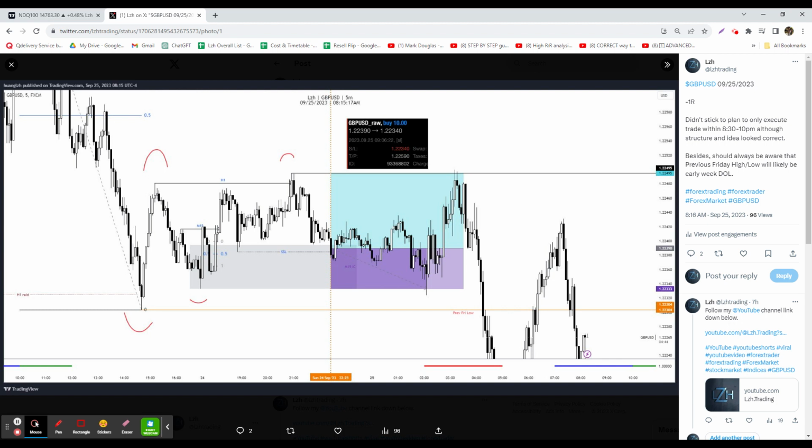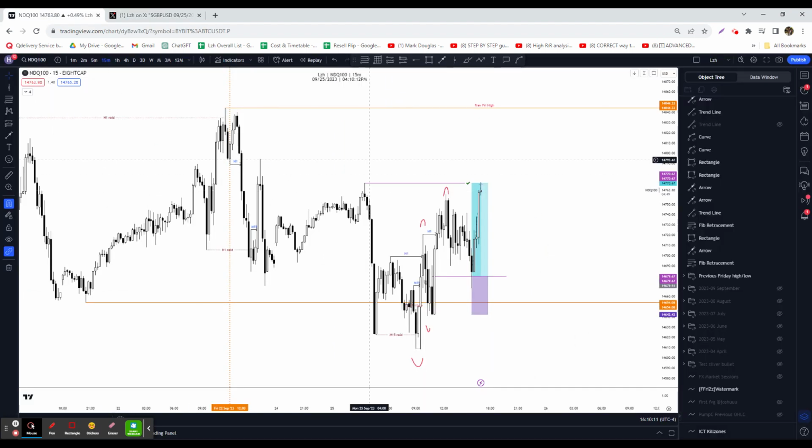My plan is to not execute any trade past 10 o'clock at night, because more often than not, entries after 10 will be taken out during the London Q zone if there's no large displacement to one direction. So that's what happened last night.